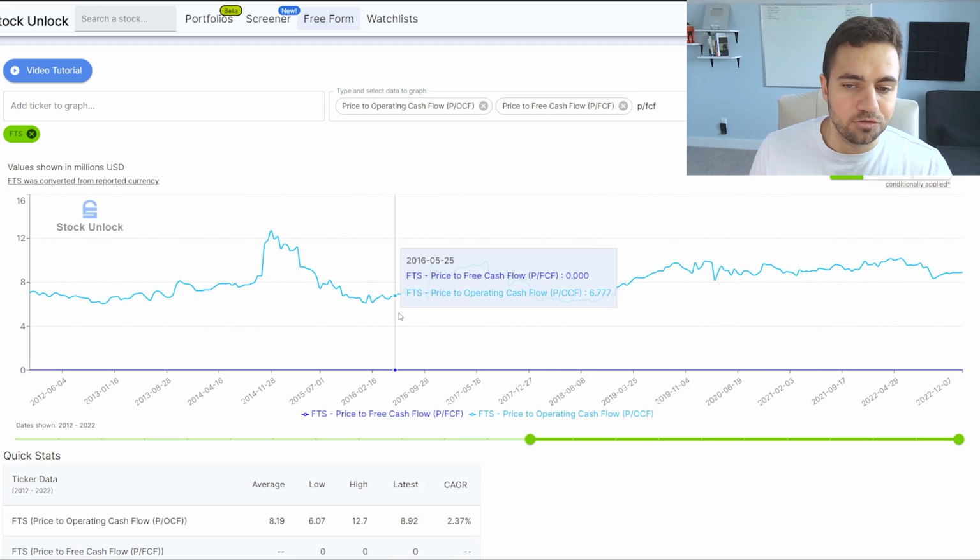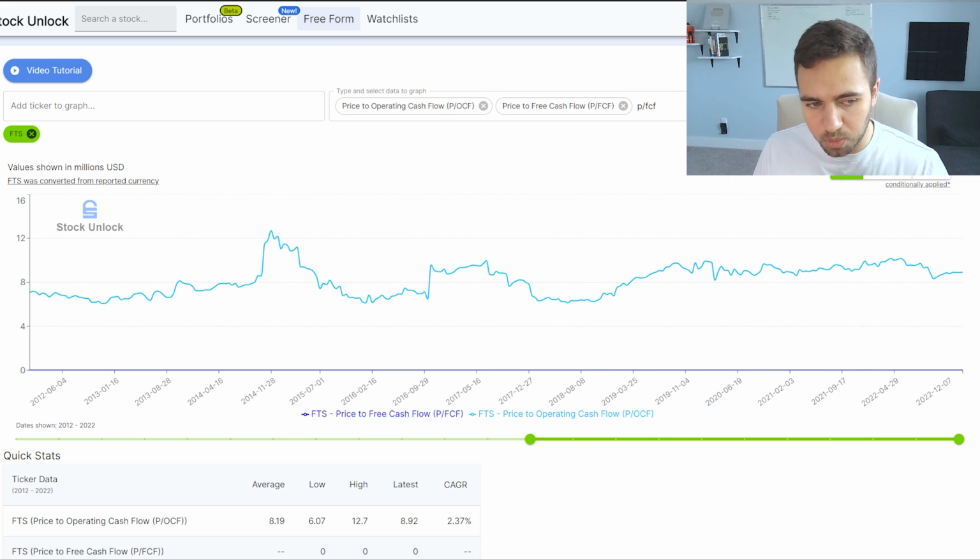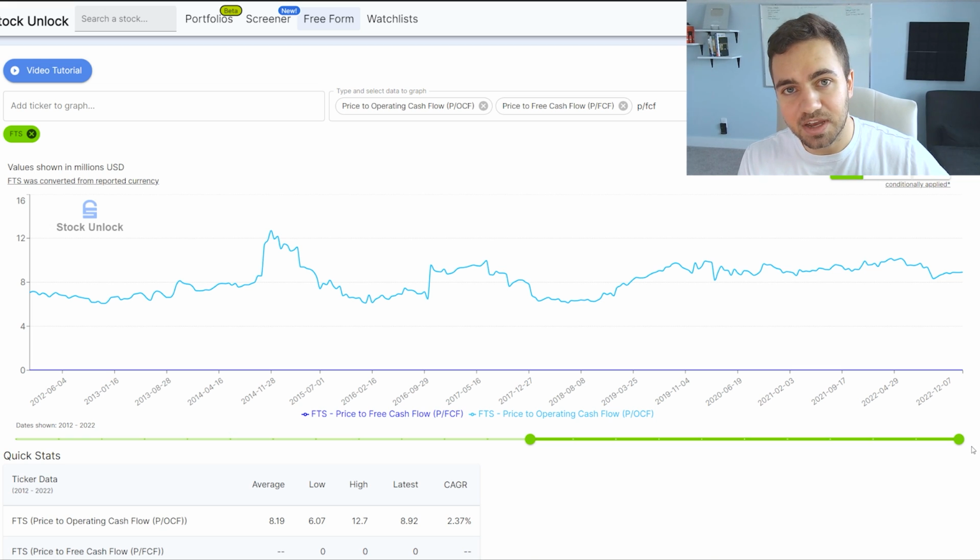And what do you know? Fortis never has any free cash flow because the business is literally always investing as much money as it can into more CapEx and into more utility assets. This is one of the ways that the company actually makes money because utility companies are funny. The more money they invest into more utility assets, the more money they actually get from the government and the more profits they can make.